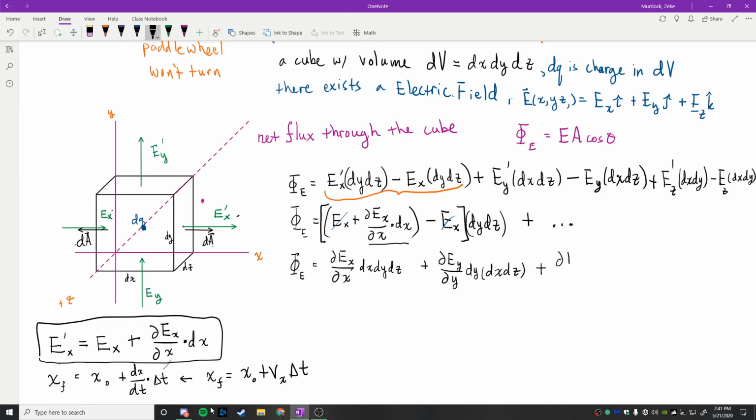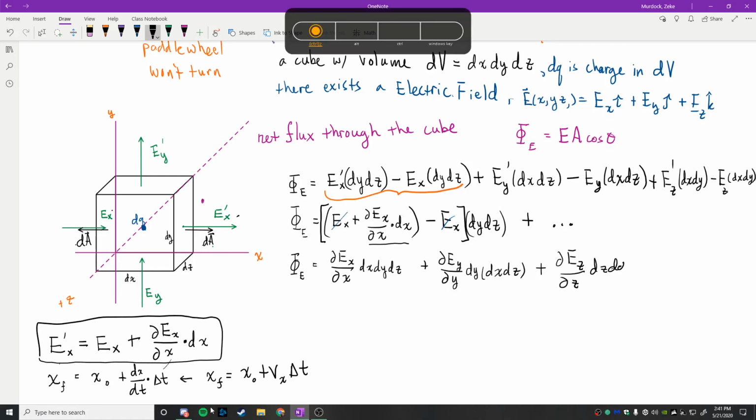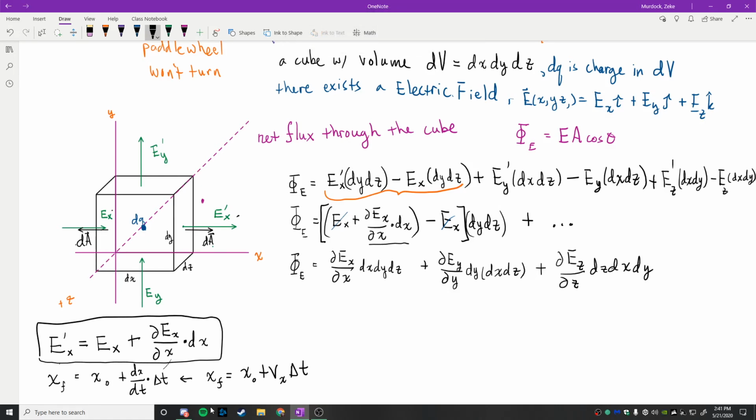And what do you have left? We have plus del Ez del z, and that's also multiplied by dz, and then it was dx dy.